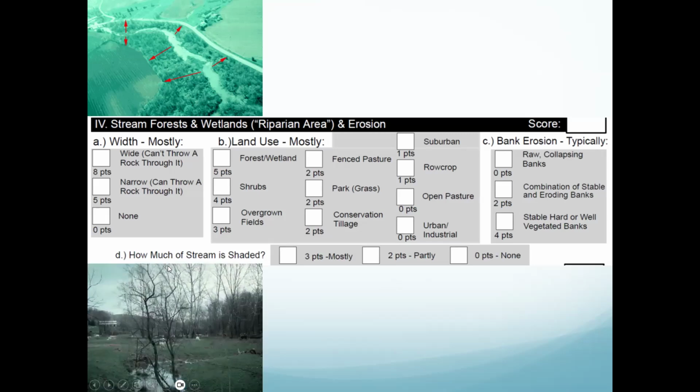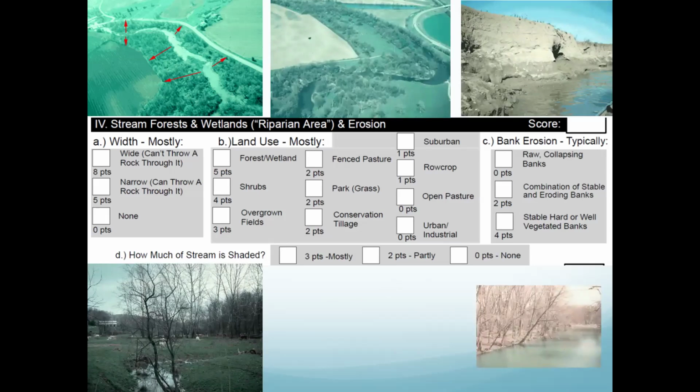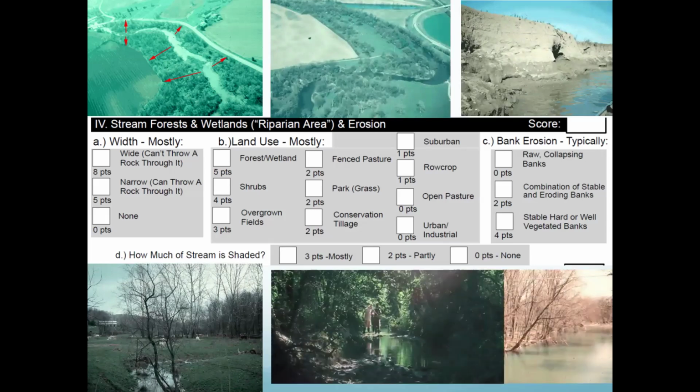Also, how much of the stream is shaded. So we have some different examples of habitats here. So you can say mostly shaded for 3 points, or no shading for 2 points, or somewhere in the middle with the partly at 2.